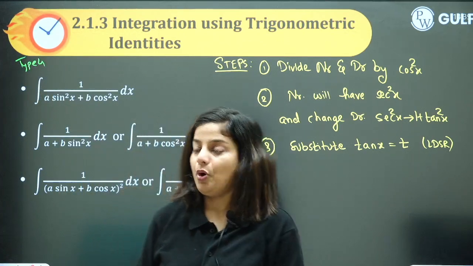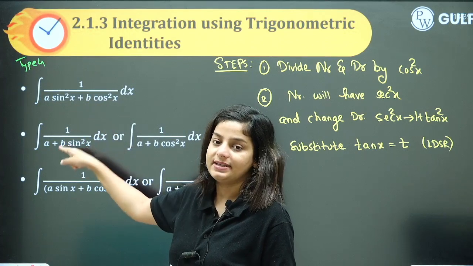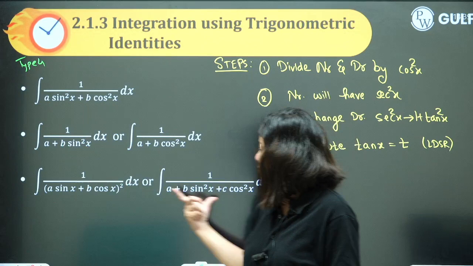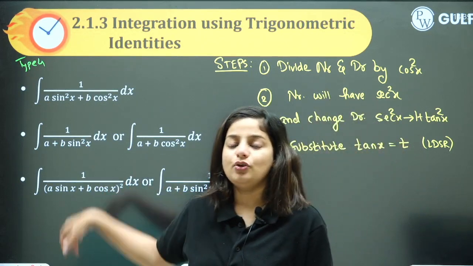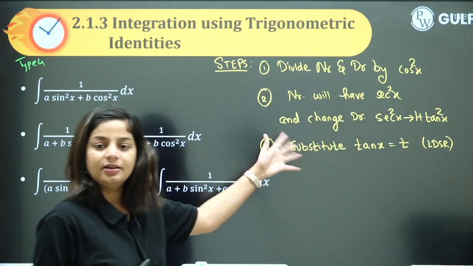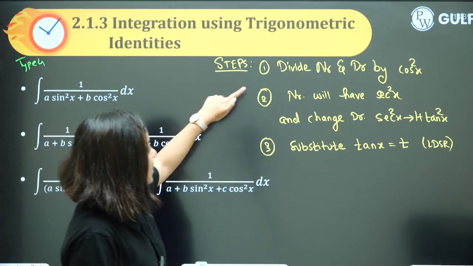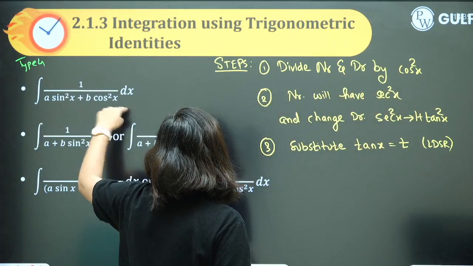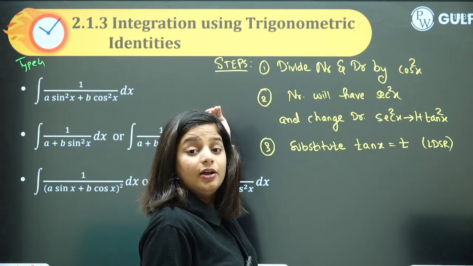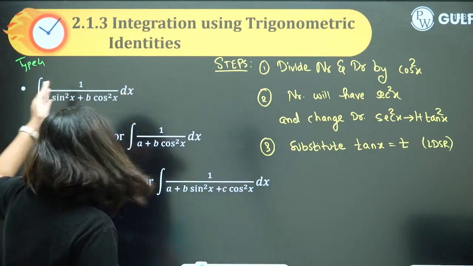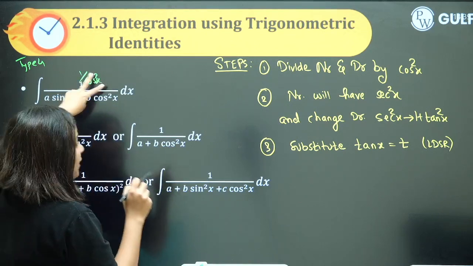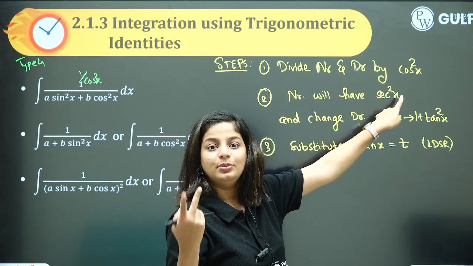Next is your type 4. When you have 1 upon (a sin square x plus b cos square x), or a plus b cos square x, or (a plus b sin x) the whole square, something like that. Whenever you have a question of this sort, here are the 3 steps which you will follow. Divide numerator and denominator by cos square x. In the numerator, if you are dividing with cos square x, you will get 1 upon cos square x, which can be written as sec square x.